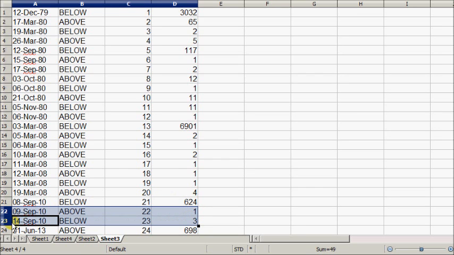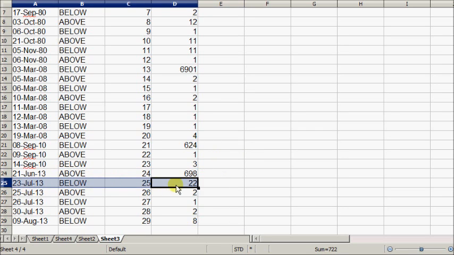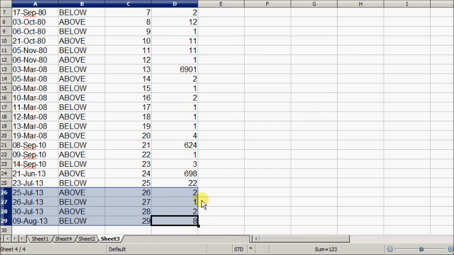Few days playing around, 4, and then 698 consecutive days from September 14th, 2010 to June 21st of this year of being above 20. And then you had 22 consecutive days below it. Since that point on July 25th, you can see that it's been above and below it.